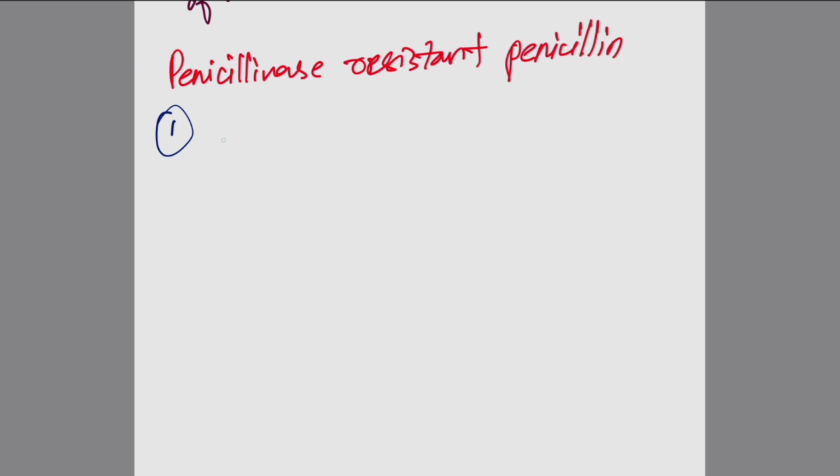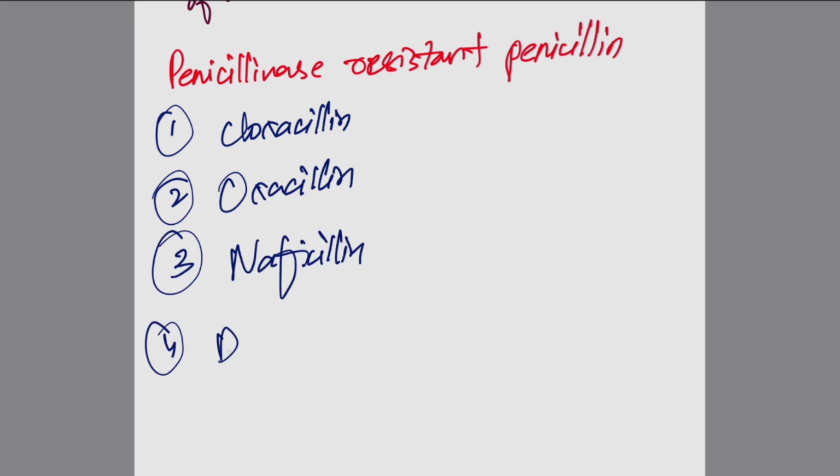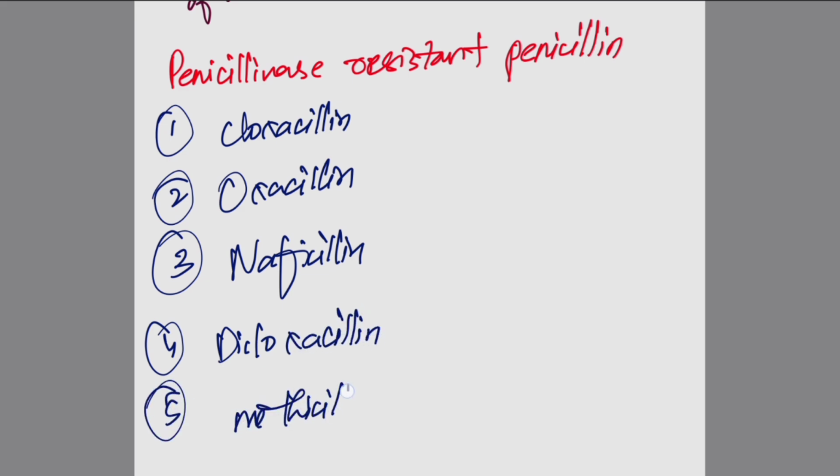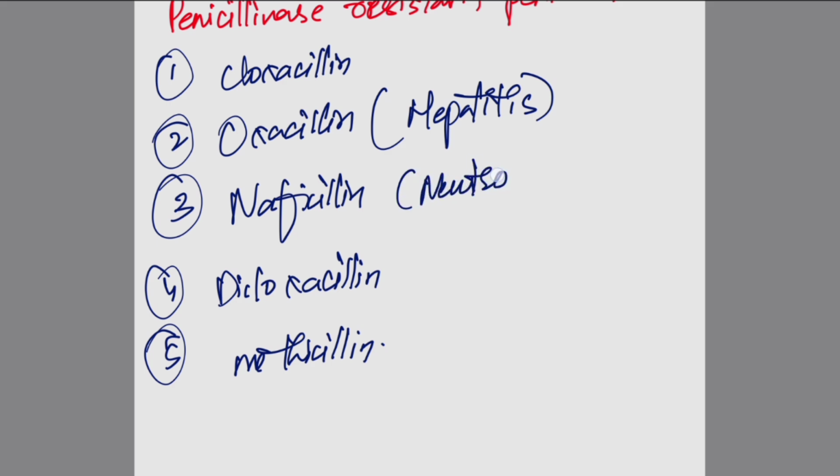Those are first, cloxacillin, O for oxacillin, nafcillin, dicloxacillin, fifth, methicillin. The oxacillin side effect is hepatitis, nafcillin causes neutropenia, and methicillin will cause interstitial nephritis.